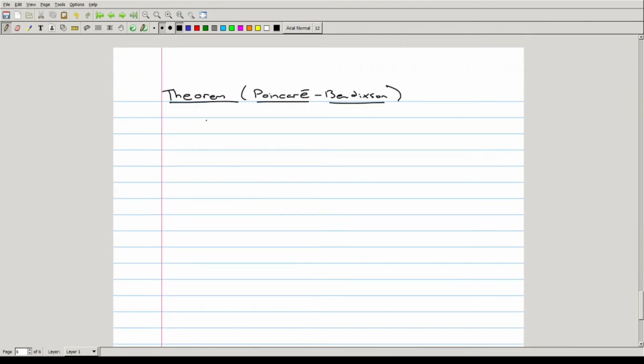And this says the following. So consider star, and I want to make an emphasis that this is for n equals 2.